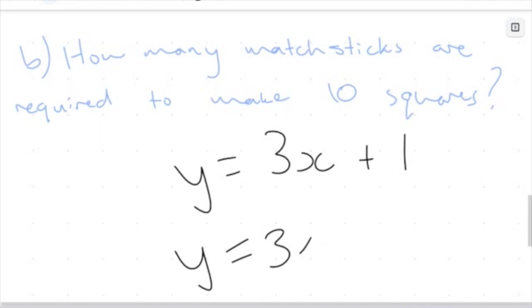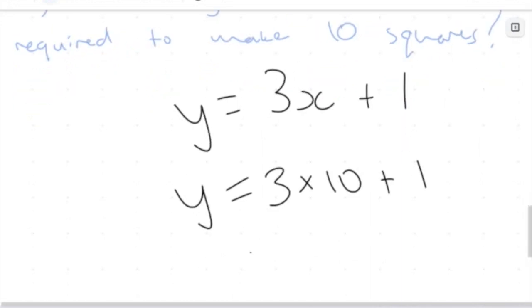Well, I get 3 times 10 plus 1. So my number of matchsticks is going to be 30 plus 1, which gives me 31 as an answer. I could have found how many squares I can make from 100 matchsticks, or how many matchsticks I'd need to make, for example, 100 squares, or 1,000 squares, or any number.